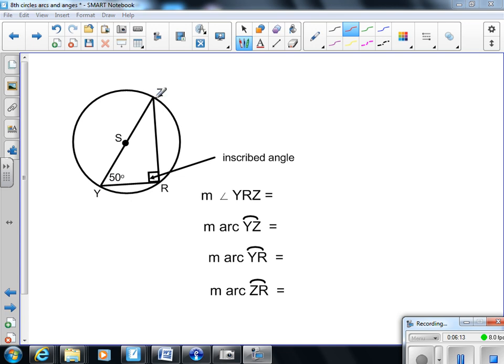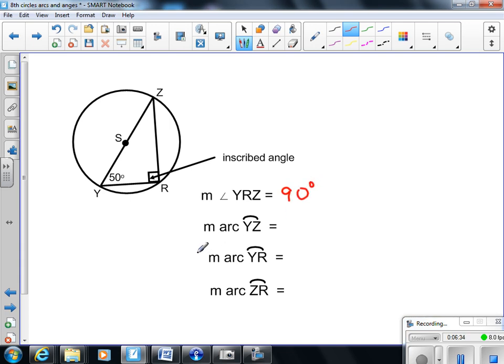The only central angle we have would be angle ZSY, and it's actually a semicircle. Okay, so let's then talk about what happens in this case. Let's say the measure of angle YRZ is how many degrees? Okay, it looks like it's 90 degrees.